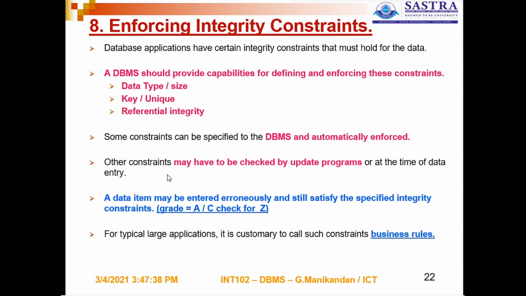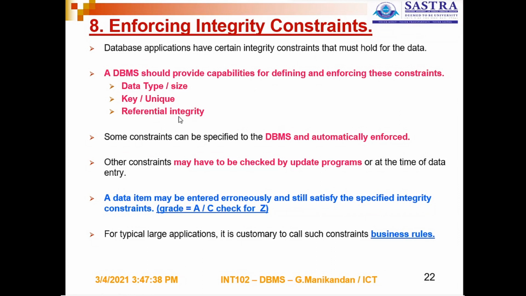If you don't have a value in the parent table, then I cannot insert a new record in the child table. So you need to satisfy that relationship. We will discuss that later. So your foreign key is an example for your referential integrity.